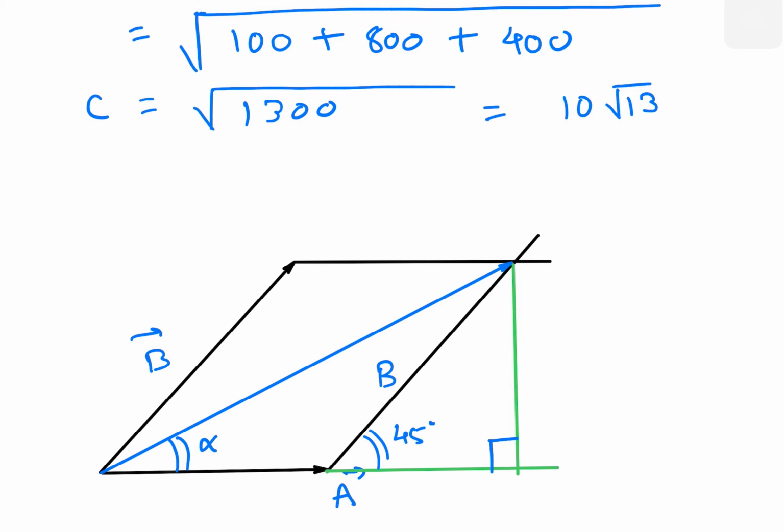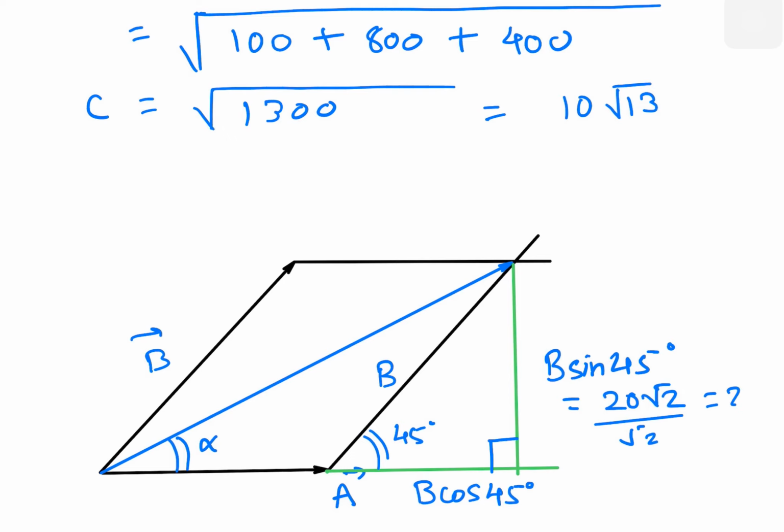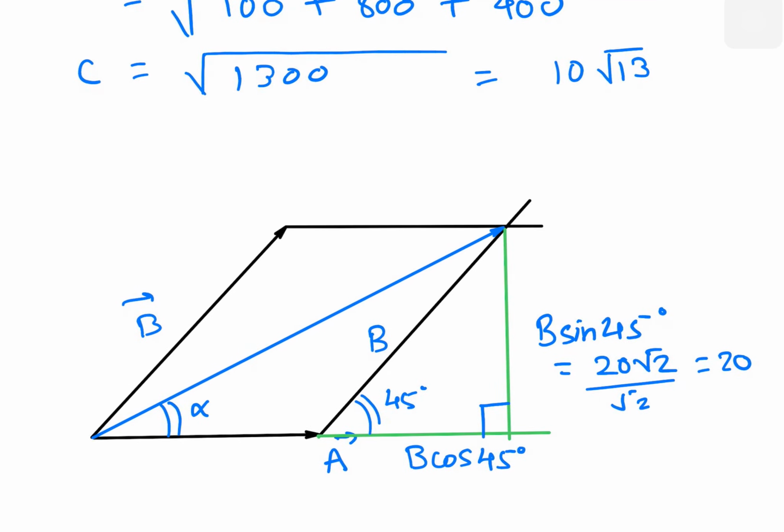So for this triangle over here, the perpendicular will be B sin 45 degrees and the base of the triangle will be B cos 45 degrees. This will be equal to B by root 2, that is 20 root 2 by root 2. So we get this to be equal to 20. Similarly, B cos 45 degrees will also be equal to 20.